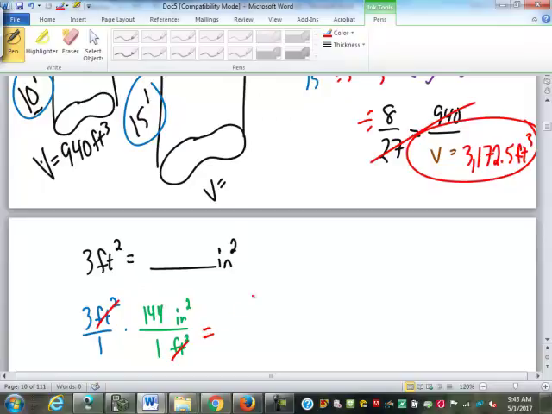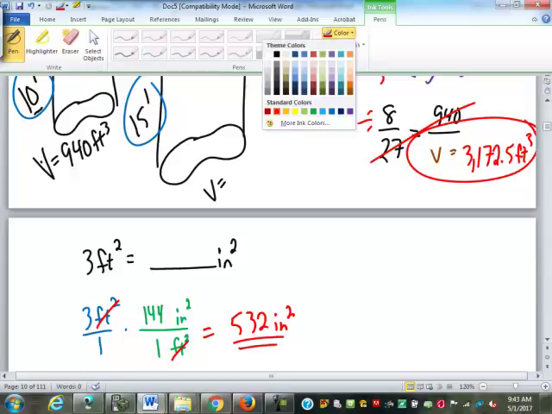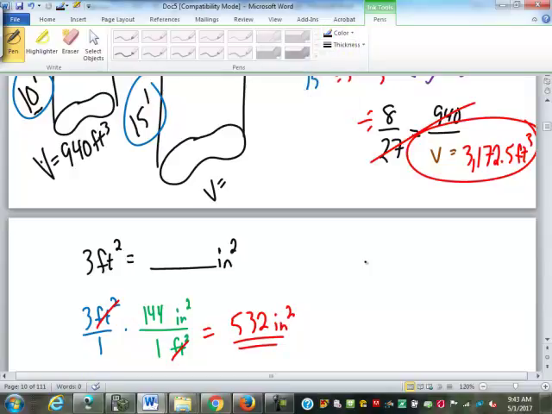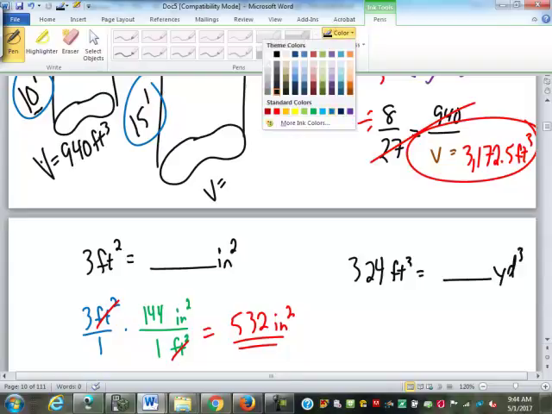Cancels out, you get your 532 square inches or whatever. Or if we had cubic, let's say we had 324 cubic feet, and I want to know how many cubic yards that is. Same thing.